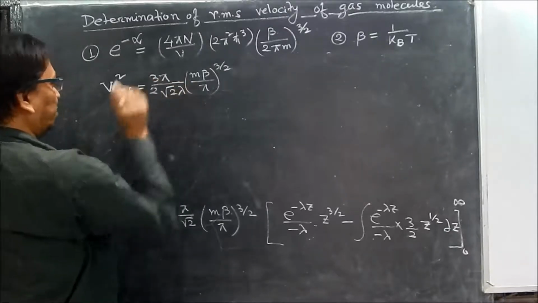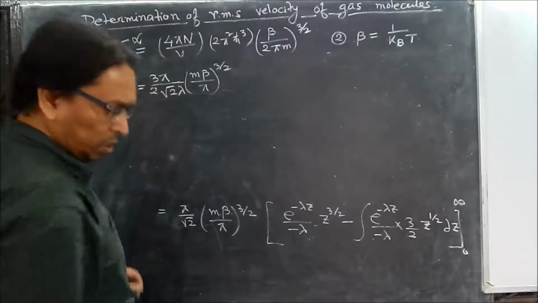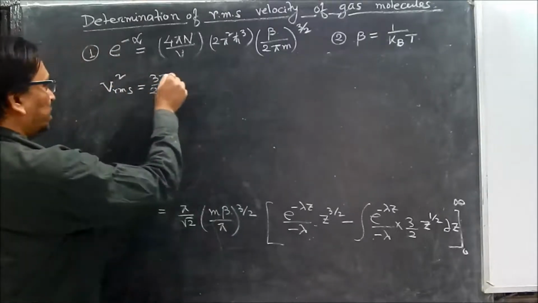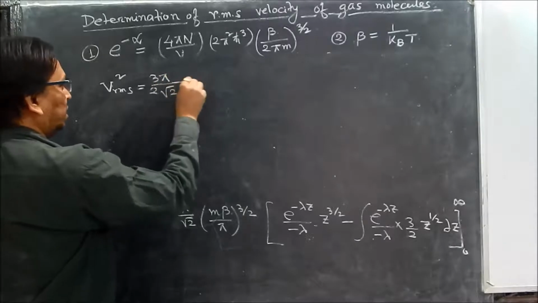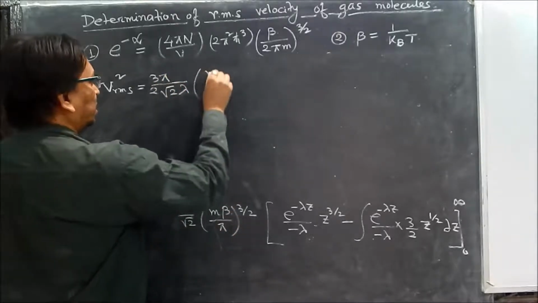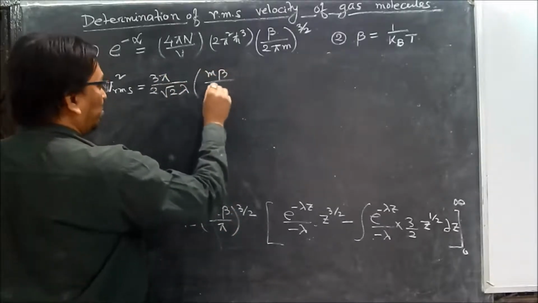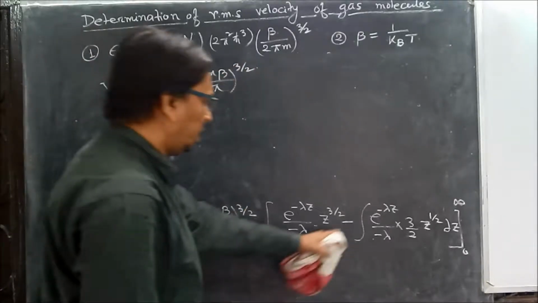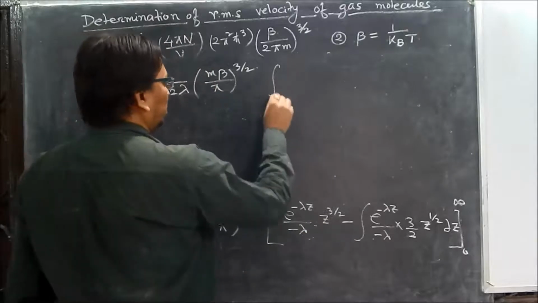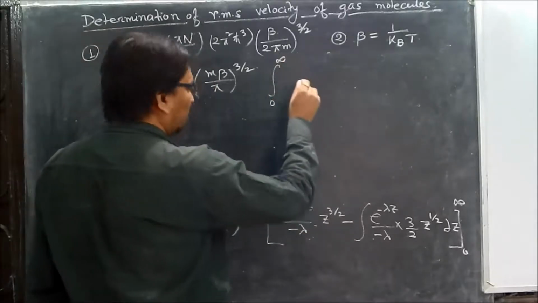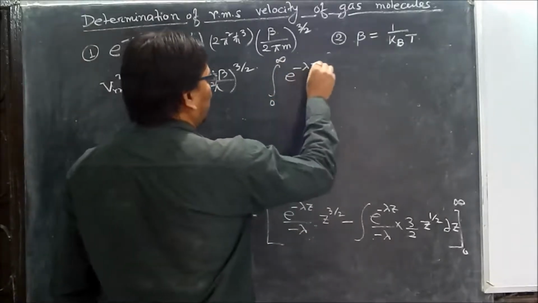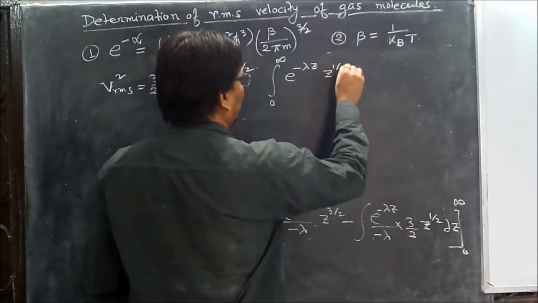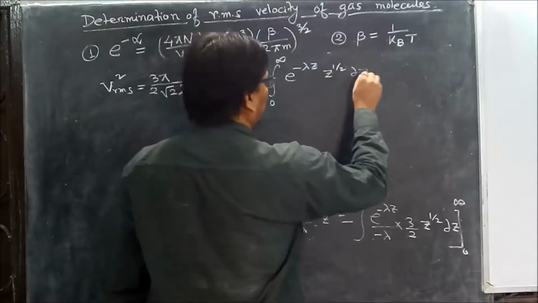Let me write this a little bit clearer: 3 pi by 2, and this is lambda, and then the remaining part is (m beta by pi) whole to the power 3 by 2, and this part is integration 0 to infinity e to the power minus lambda z, and this will be z to the power half del z.